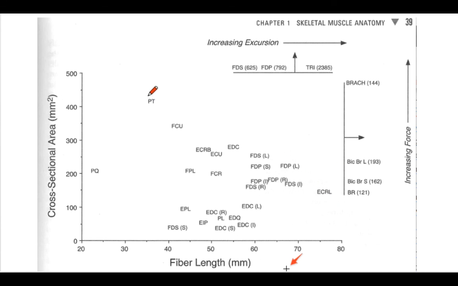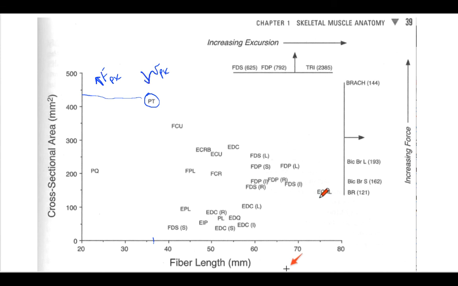And we can just start looking at this and note different things about muscles. Here's the peroneus tertius muscle, peroneus teres, it's also called. It has a very small fiber length, but a high PCSA. So this muscle here we would know would operate at very low peak velocities, but compared to these other muscles would have higher peak force.